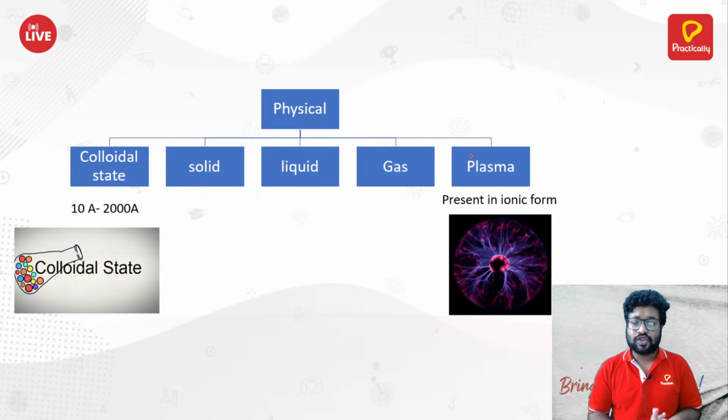It is the state in which the size of the particle is 10 to 2000 angstrom. Now what is meant by angstrom? 1 angstrom is equal to 10 raised to minus 10 meter. So it's very small. If the size of the particle lies between 10 angstrom and 2000 angstrom, it will be called a colloidal state.